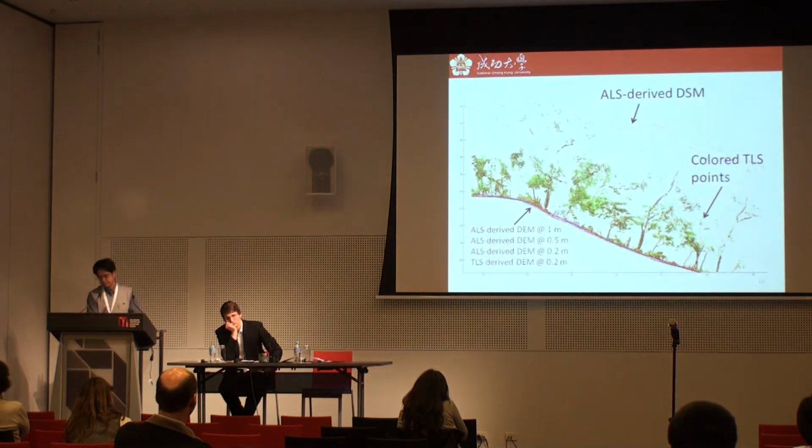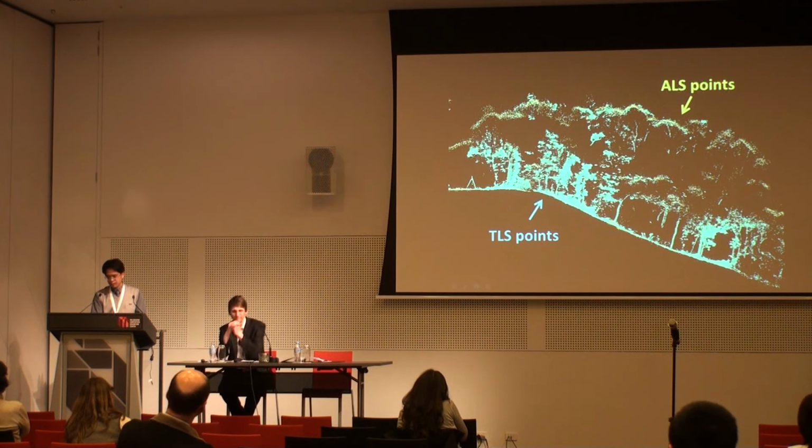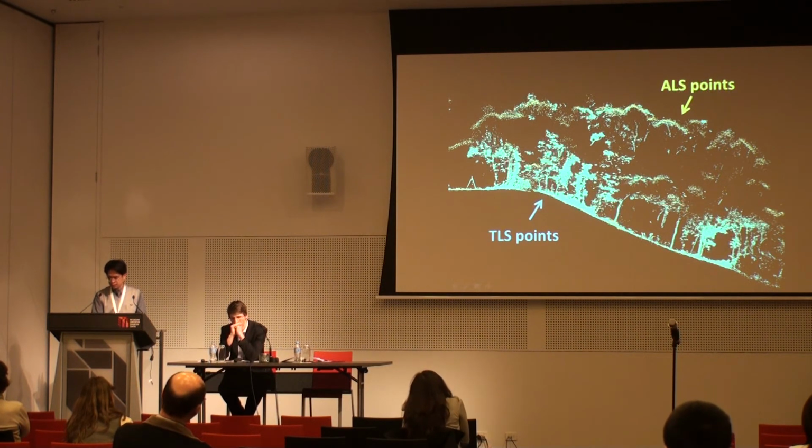Let's go back a little bit. Here you see that the TOS scans acquire most of the data on the ground, and they acquire few at the top, and they don't have much in the middle. And the ALS data is pretty much on the top of the canopy, and something in the middle, and not much on the ground.